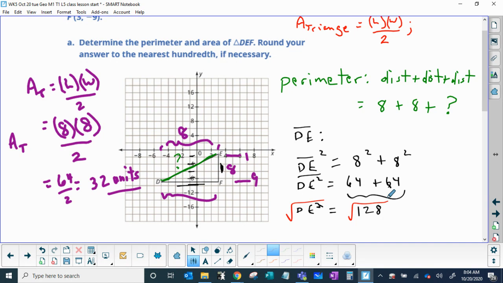We grab our calculator and we're going to go square root of 128, and it's going to be 11.31. So we're going to replace this with 11.31.